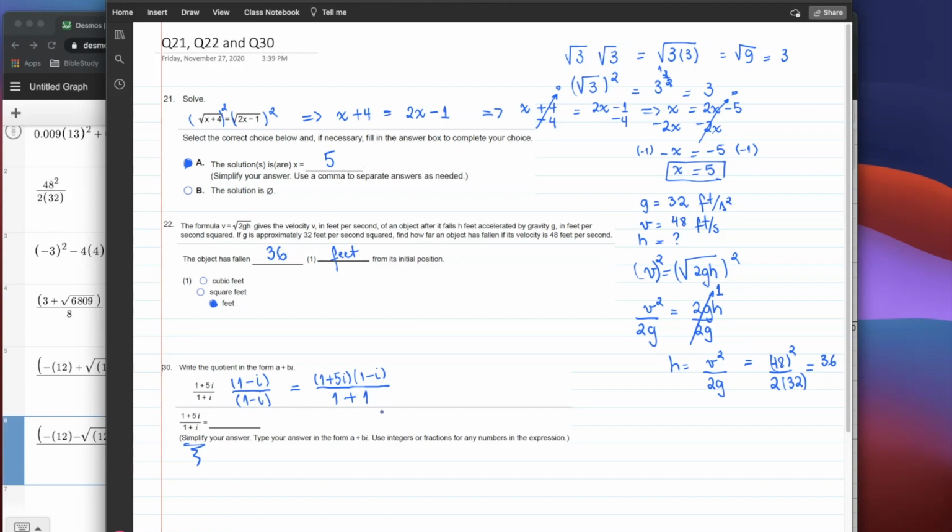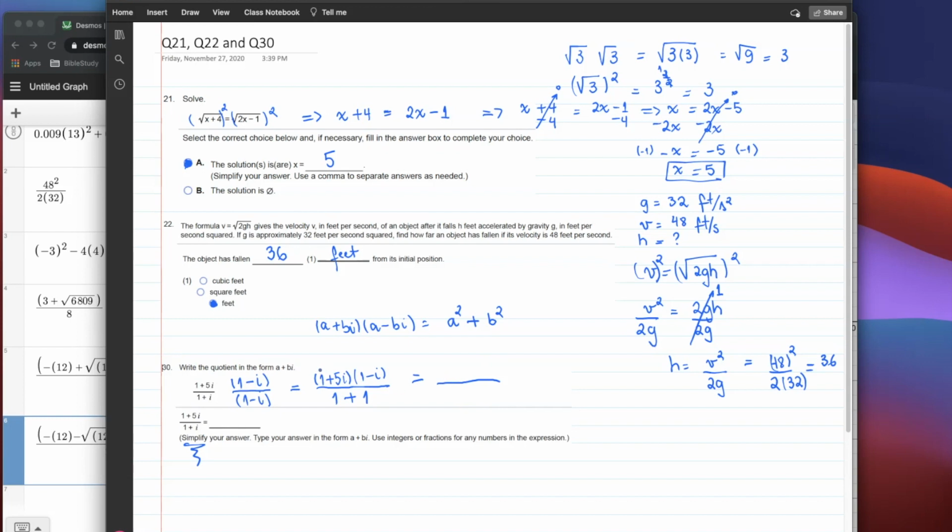So this is 2. So you have to know this property: if you have a plus bi multiplied by its conjugate, you get the square of the a plus the square of the b, the real part and the constant of the imaginary part.